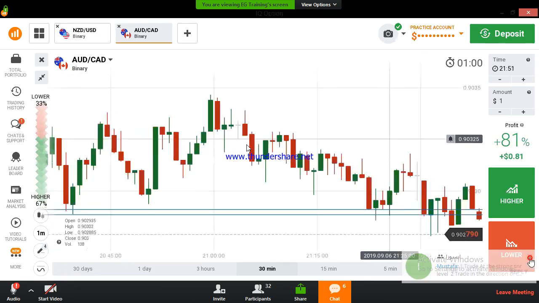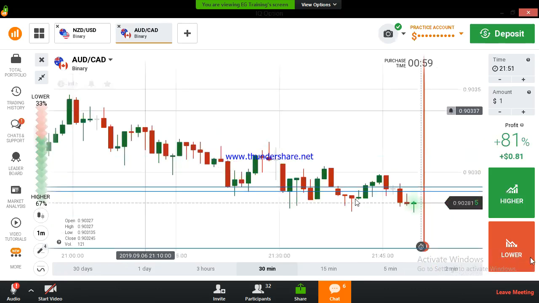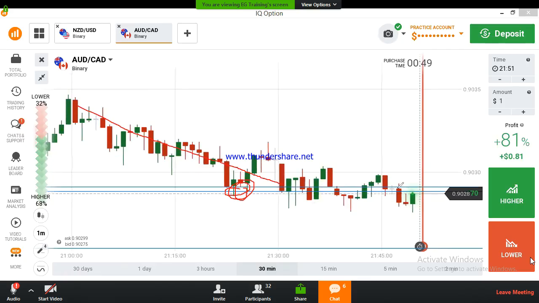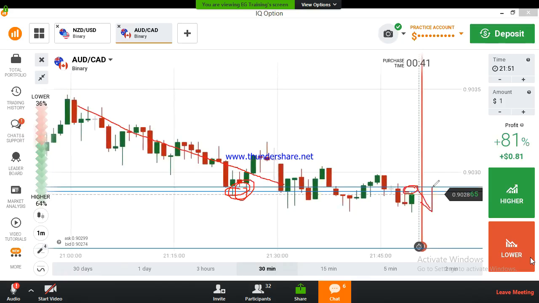Okay, here the trend is downtrend. If you want to place a lower option at this area, you can place a lower option. If the market closed at this area, you can place a lower option on the next candle with confirmation.